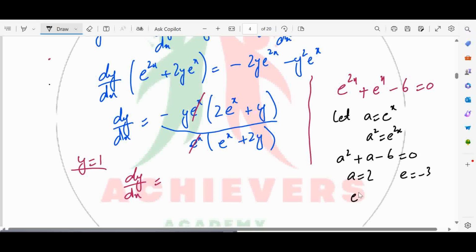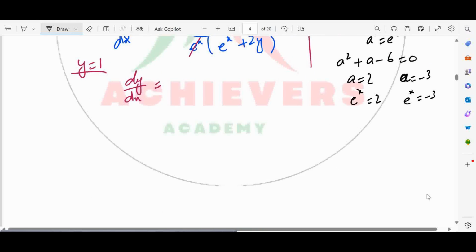Now e power x is equal to 2 and e power x is equal to negative 3. Now if we change it to the other way, log of 2 is equal to x, this will be the first value. Log of minus 3 is equal to x.